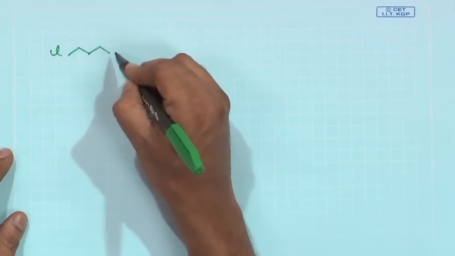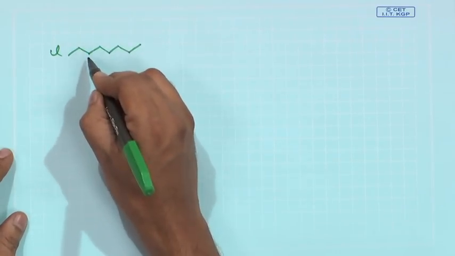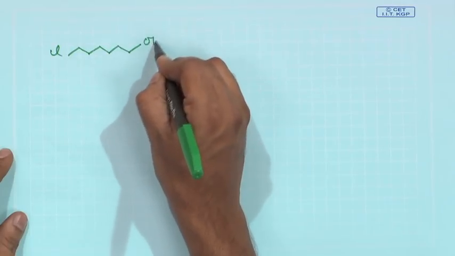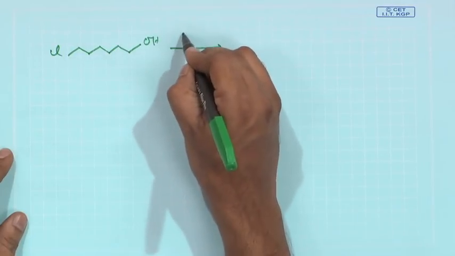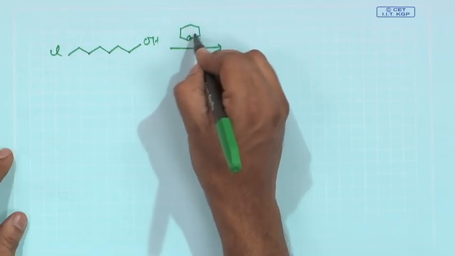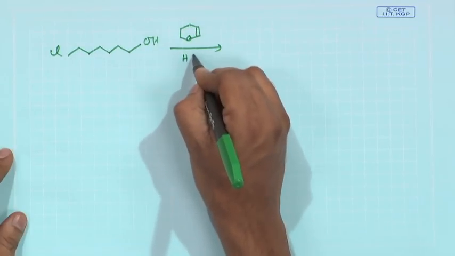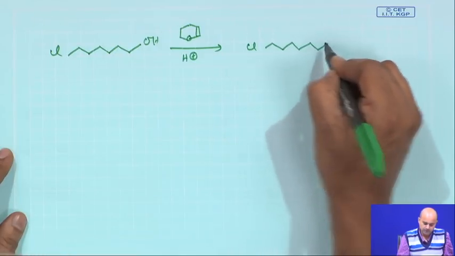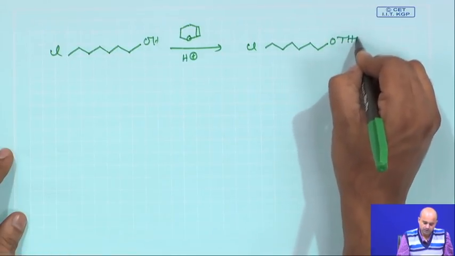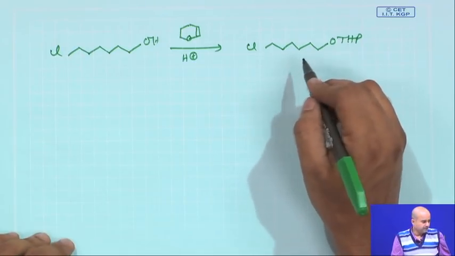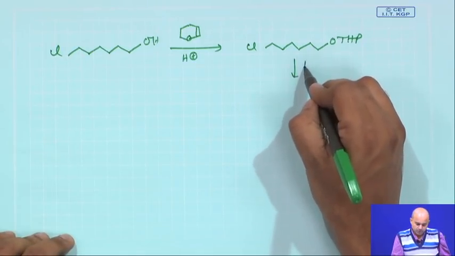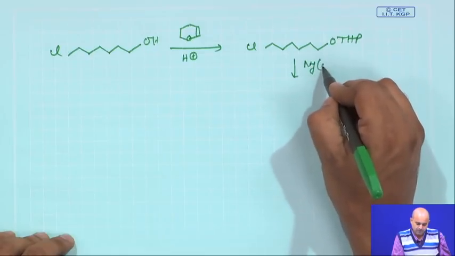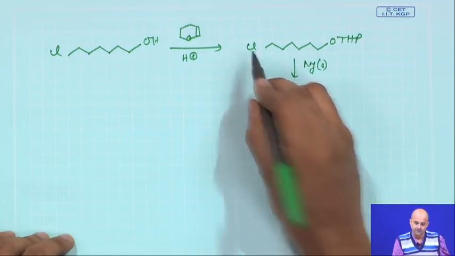So, the initial compound which was given to you is Cl, 6 methylene groups in between, 1, 2, 3, 4, 5, 6, OH. This was treated with dihydropyran and H plus. You basically first get its THP ether. Now, we said we will do the next FGI: a magnesium treatment, magnesium metal, which will give you MgCl.